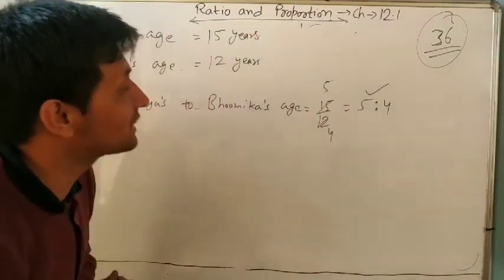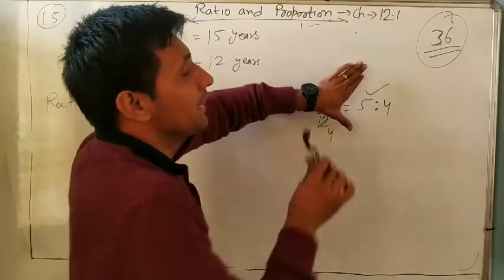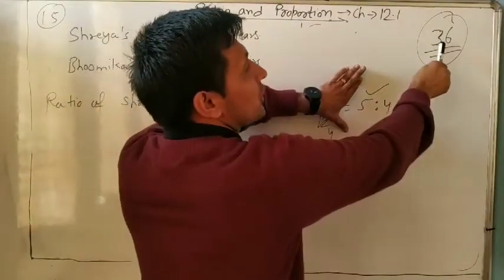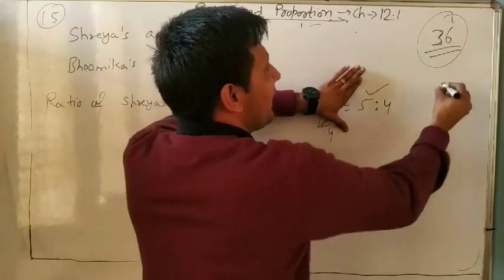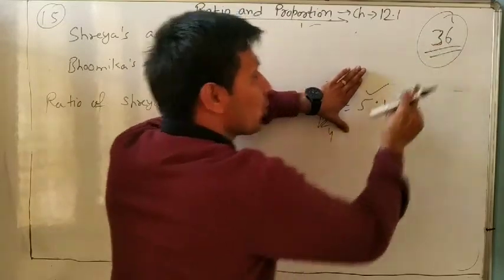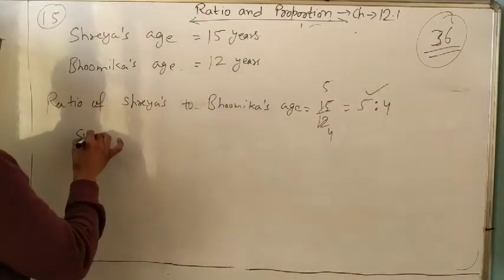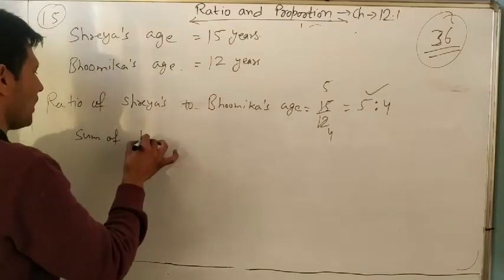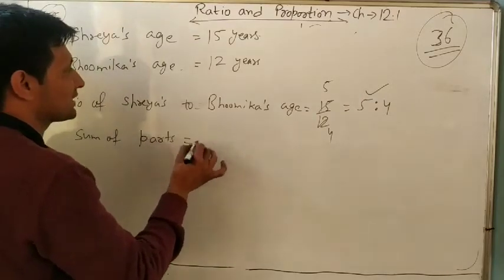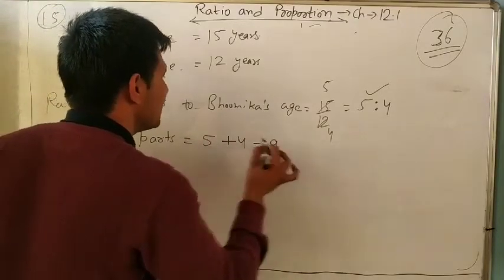In question 14, dear, the ratio was already given, but here we have to find a ratio. In question 14, the total was 20 rupees divided in 3:2, but here 36 rupees are divided in 5:4. First we find the sum of parts. 5 plus 4, how much? 9.